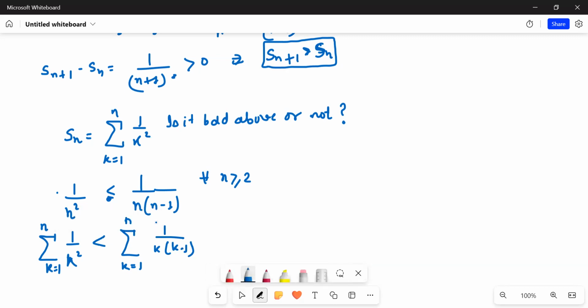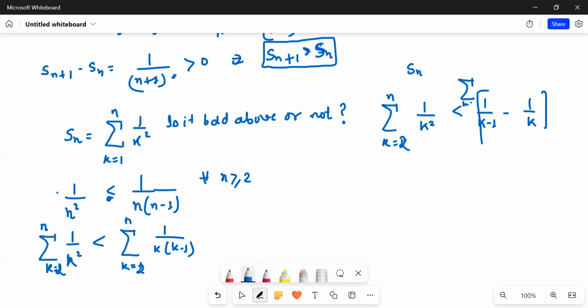What I can do is write summation 1 upon k square will be less than summation of 1 upon (k minus 1) minus 1 upon k, from 2. I want to prove whether Sn is bounded above or not.